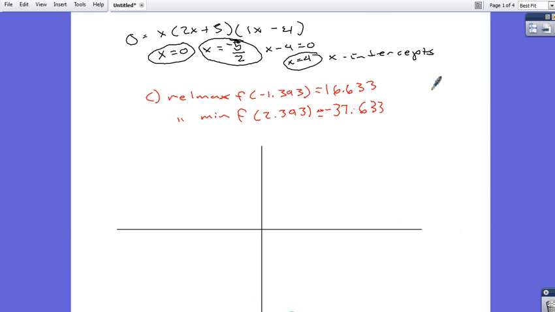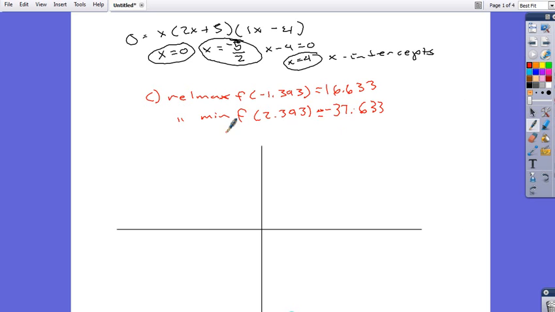Alright, so now we want to put the important information on the graph. I'll start with the relative max and min. It doesn't matter where you start. So here, negative 1.393. Alright, we're going to be up 16.6. So right there.